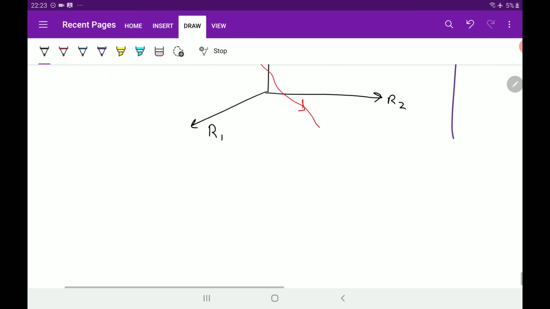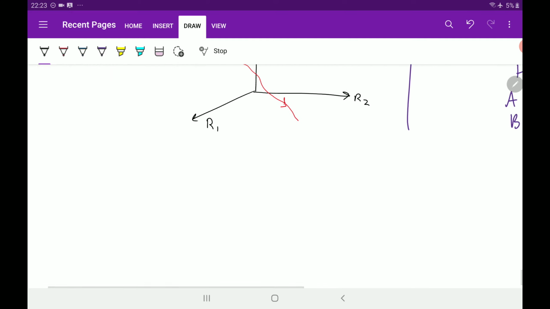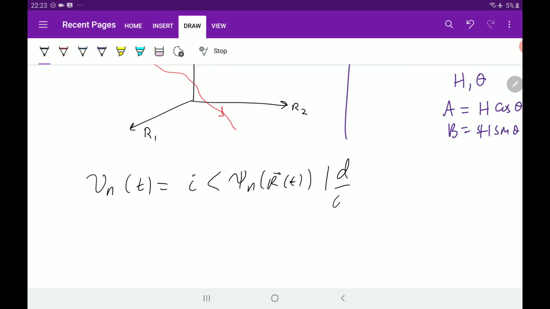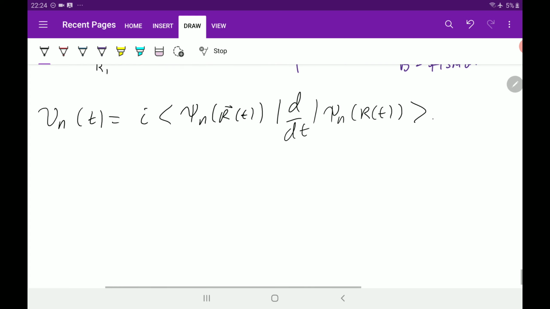But anyway, when we visualize it like this, if we focus on what nu n is, nu n of t is i times the inner product of psi n of r of t with d by dt of psi n of r of t, because this was psi n dot.